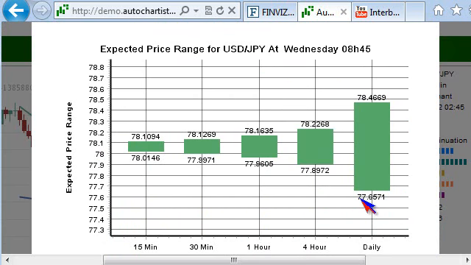Now, this is probably a pretty good general look, and you can see right off the bat, this is about 140 pips, right? So that's a pretty wide price range in terms of how many pips this pair could move over the course of 24 hours.